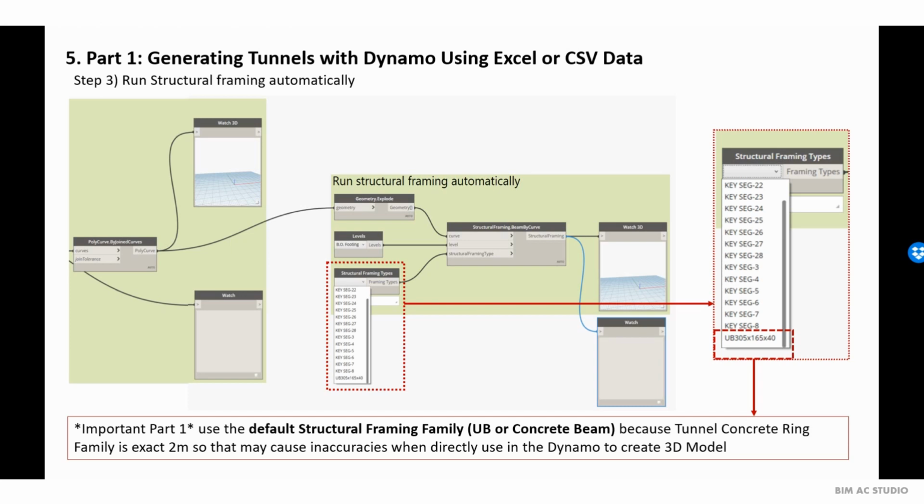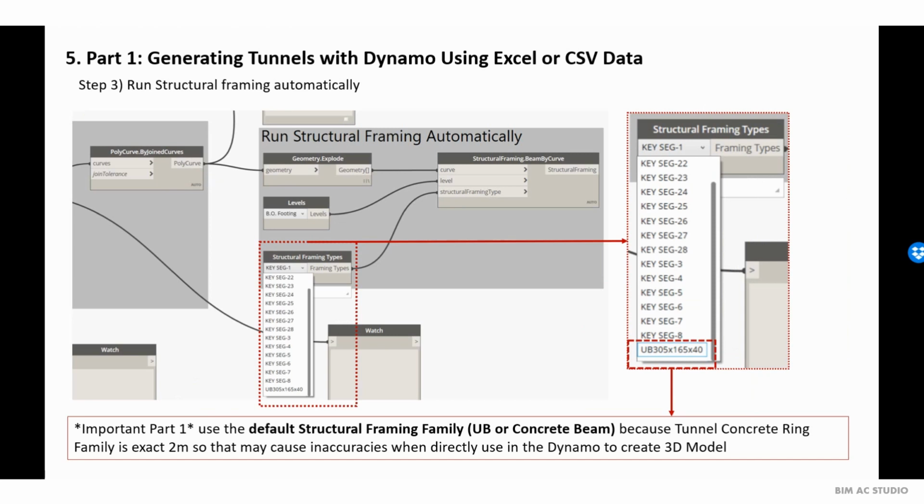We use this structural framing type in order to place it automatically along the tenor curve, along the polycurve. We are going to use that one because our pre-created tenor segment length is exactly 2 meters. So sometimes there can be an error when you run the Dynamo.